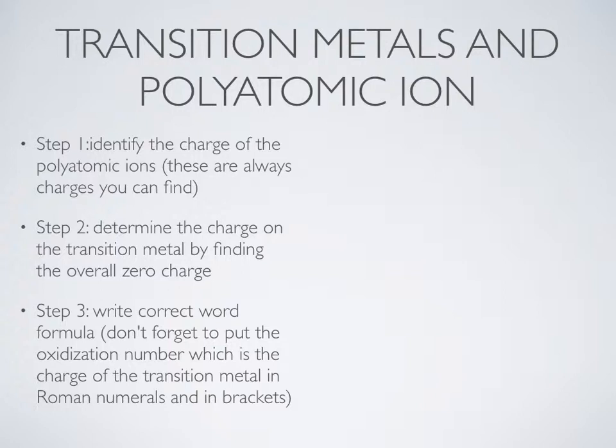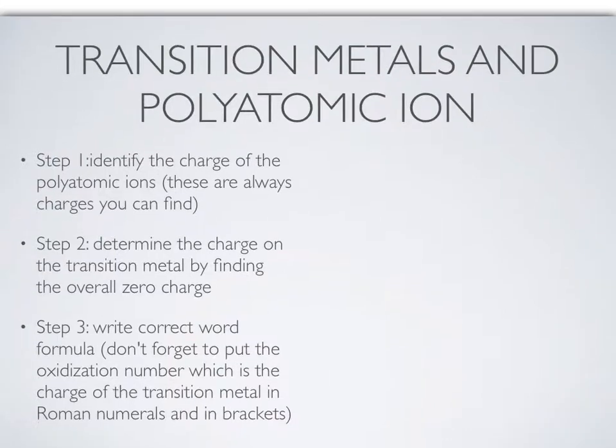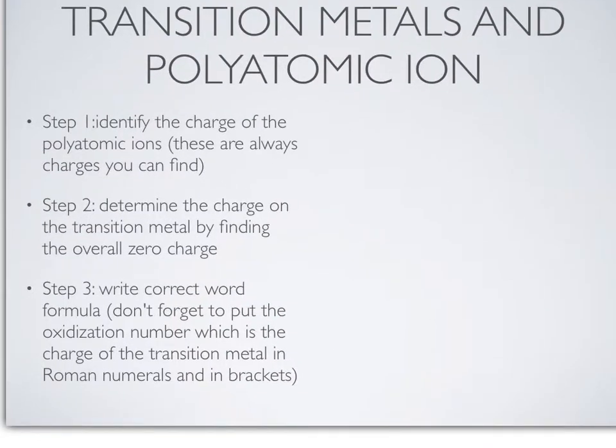So you'll always get a balanced formula. So we have Au3, PO4. It's a balanced formula, and we need to find the name. So we start with what we know. We know PO4 has a charge of -3.